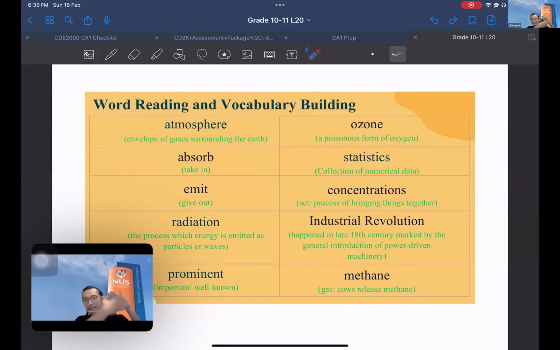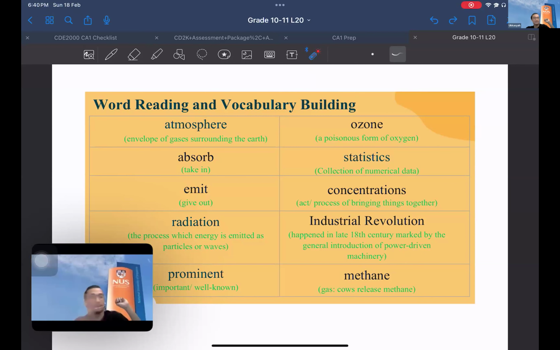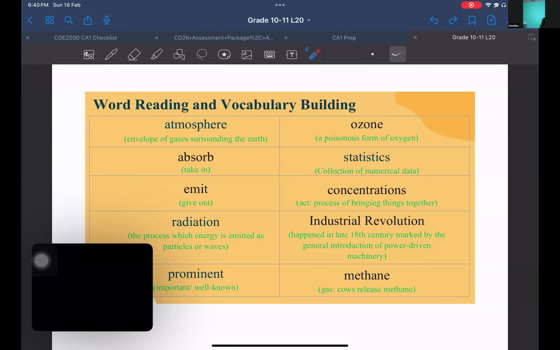Car exhaust emits carbon monoxide, dark gases that are harmful to human lungs. Or the sunlight emits UV radiation. They emit energy or some gases, and it could be quite anything that could be given out.